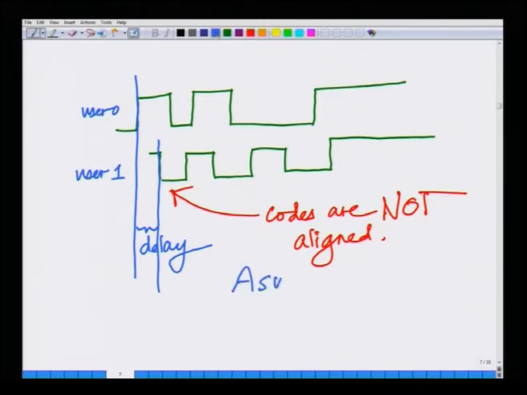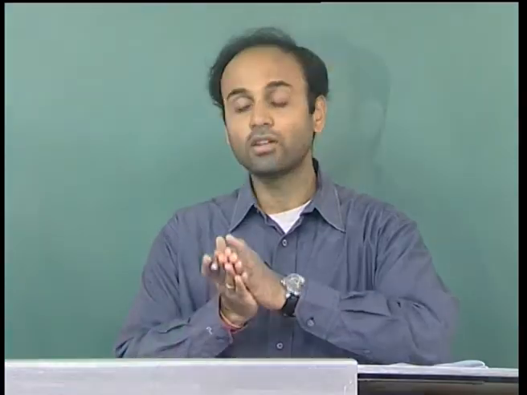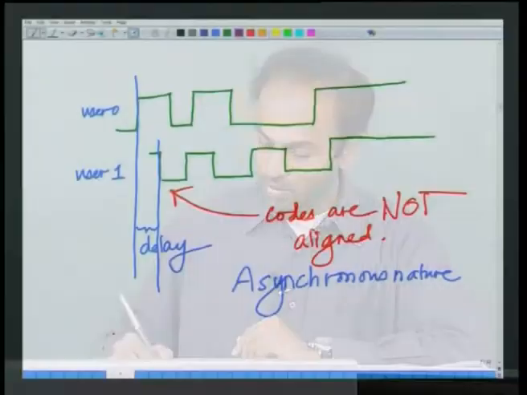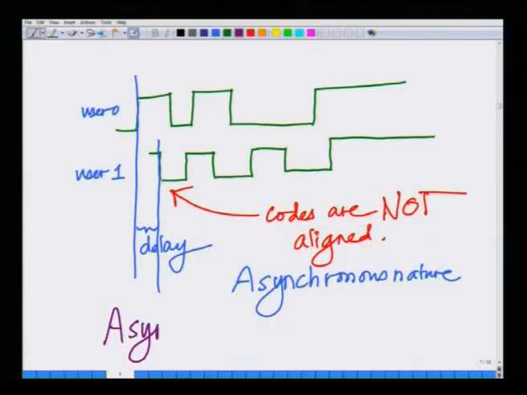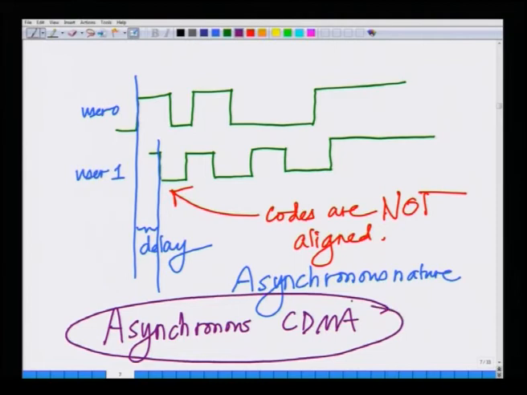It is because the edges of the code sequences are not synchronized. This sort of CDMA scenario is known as asynchronous CDMA, and one of the remarkable aspects of CDMA is that it can work perfectly well without synchronization.